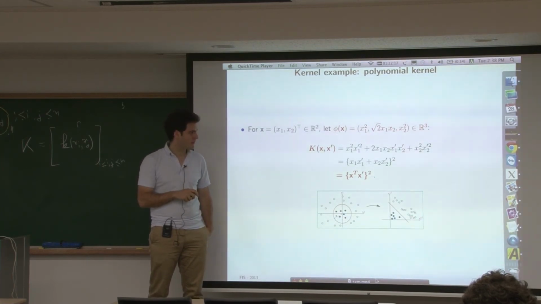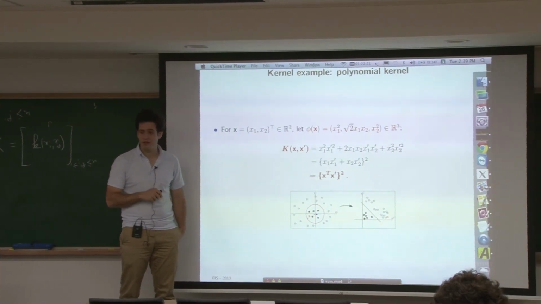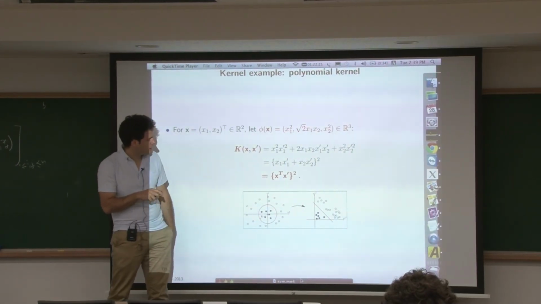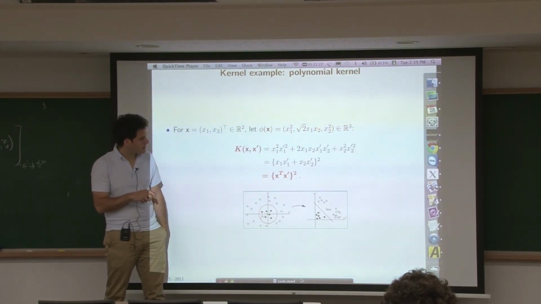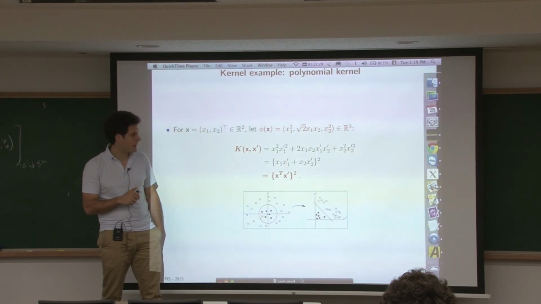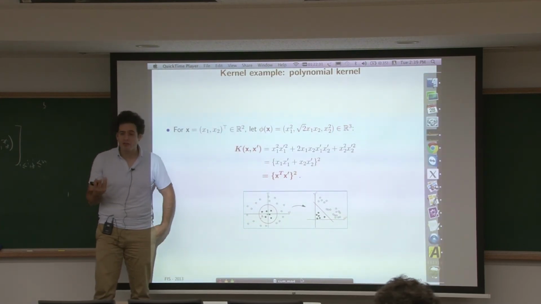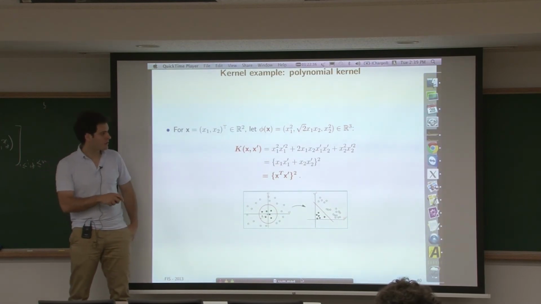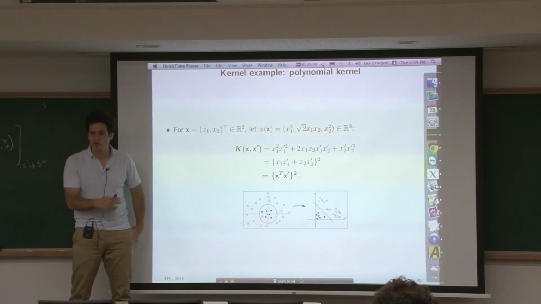And suppose that my feature map, phi of x, goes to R3. And this feature map is a bit tricky. It's x1 square, square root of 2 times x1 x2, and x2 square. So if I now have 2 points, x and x prime, I will compute the feature map for each of those 2 points, and I will take the dot product.